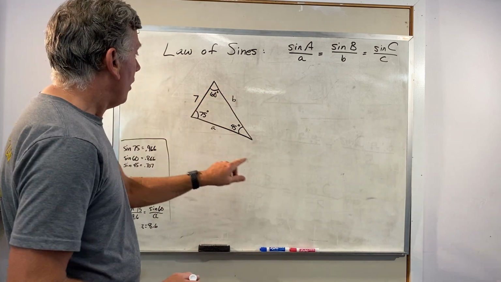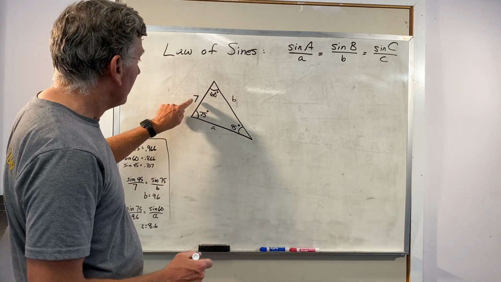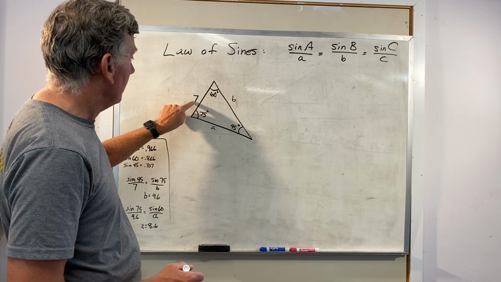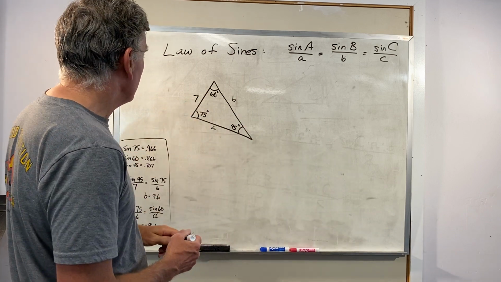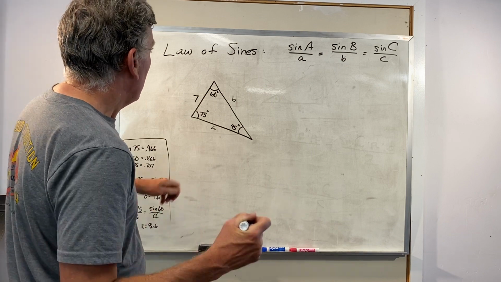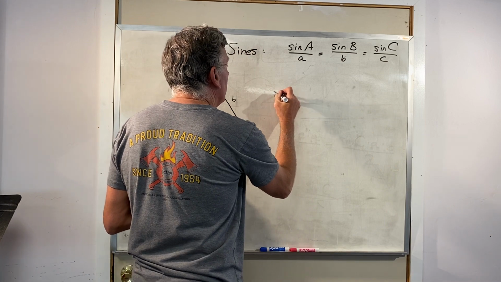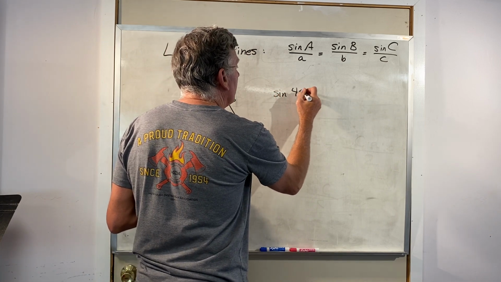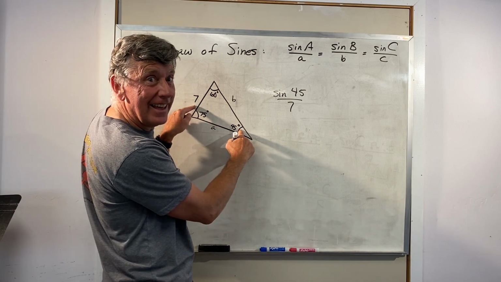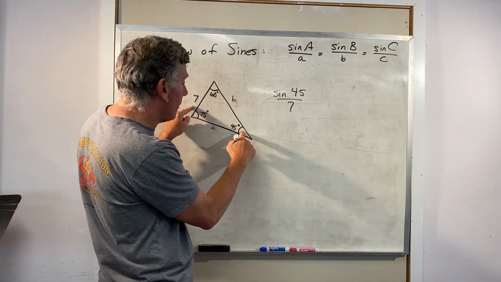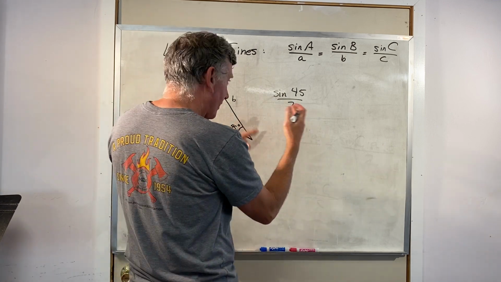Now I'm going to use my law of sines. I don't know what A and B are, but I'm going to find out because I do know what this angle or this side here is. It's 7. So I know the sine of 45 over 7. I'm picking that angle that's opposite the side and that side that's opposite that angle, and creating my ratio with it.